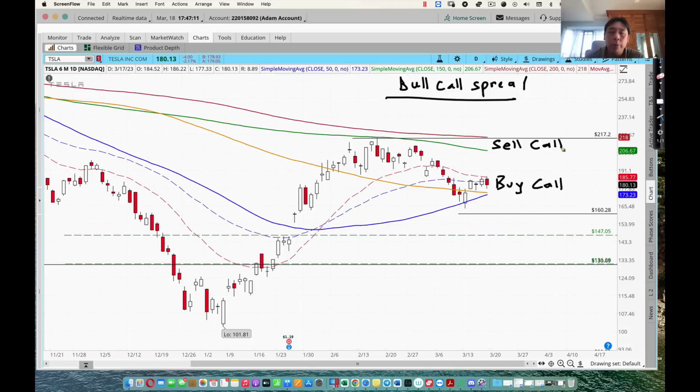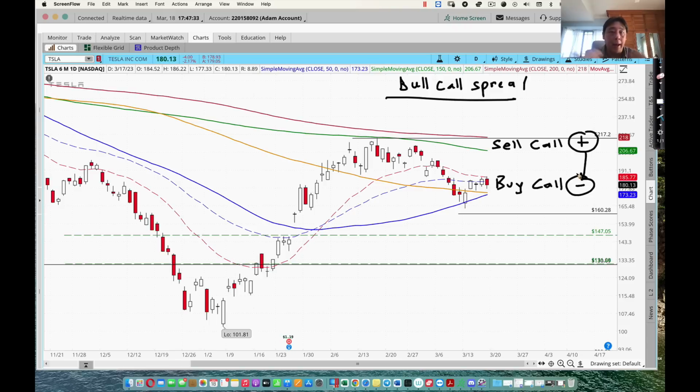Now again, why do we sell a call option? When you sell a call option, you collect premium, and we use part of that premium to finance the call option. So that lowers the cost of the trade. This allows you to have a much lower cost, lower risk, and lower break-even price.